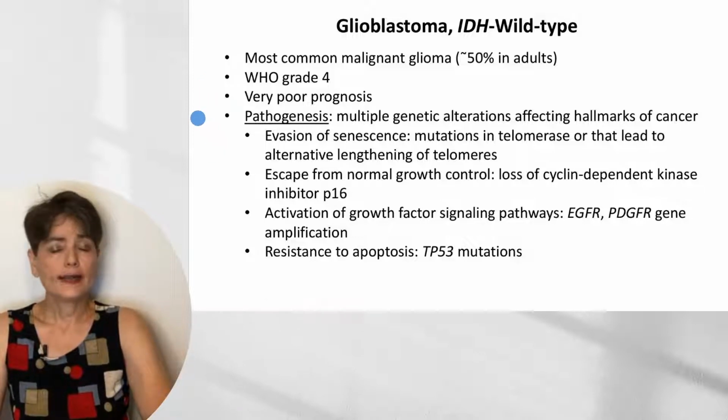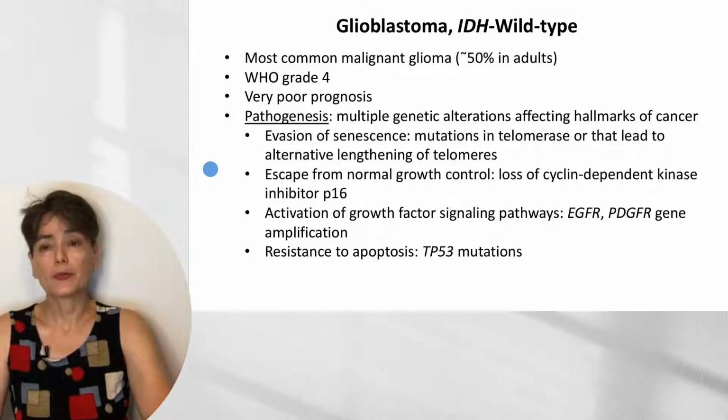Now, unlike the IDH mutant tumors, there are multiple pathways and multiple genetic alterations, and these tend to affect our hallmarks of cancer. I would encourage you to go back to the hallmarks of cancer video for a refresher. Here are some of those hallmarks that are being evaded: evasion of senescence, escape from normal growth control, activation of growth factor signaling pathways, and resistance to apoptosis.